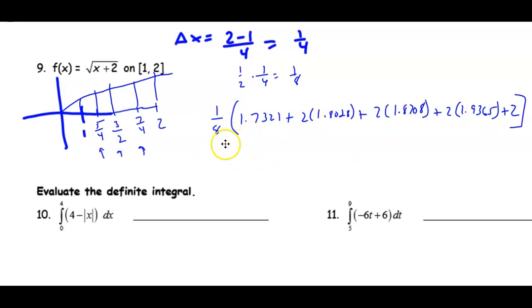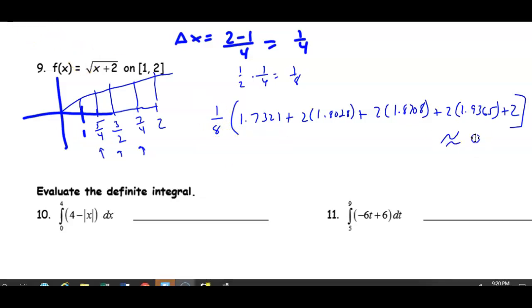So we have, when we punch this in, so this one I got 1.869. All right, when I do the exact one, math 9, 1 to 2, the square root of 2 dx. All right, math 9.